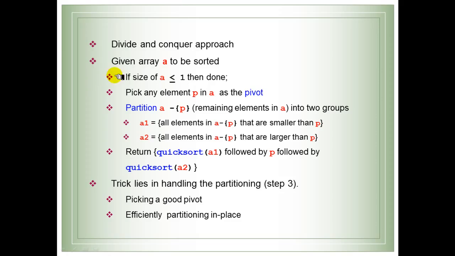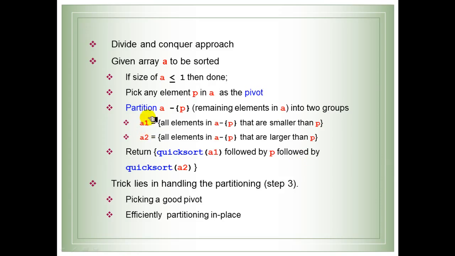Suppose, for example, we have an array that needs to be sorted. If it has only one element, it is done. Otherwise, we pick any element in the array as the pivot element. The pivot may be the first, last, middle, whichever way we take it. We partition the array into two groups, leaving the pivot element.